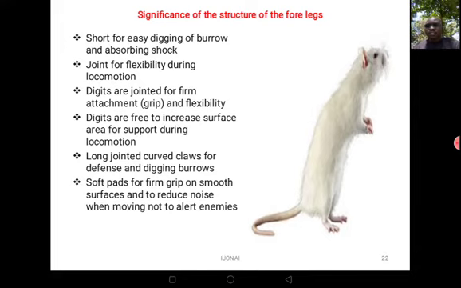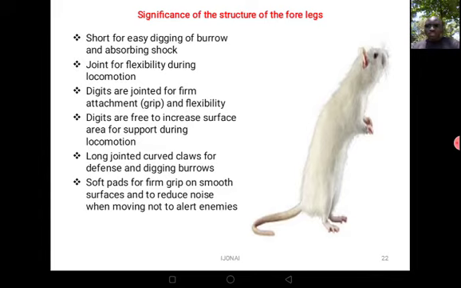Similarly, the digits are free to increase the surface area for support during locomotion, and then they are long, jointed, curved claws for digging the burrows, but also for defense. If you catch a rat, it can squeeze, it can scratch you, and in the long run you can easily surrender with it.